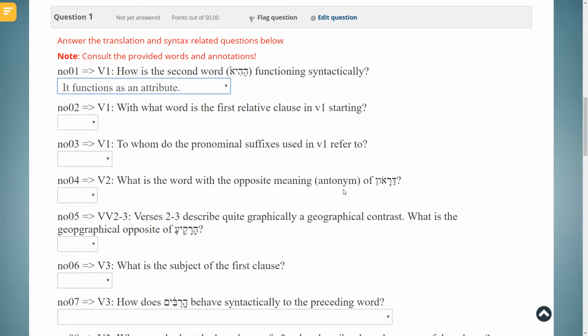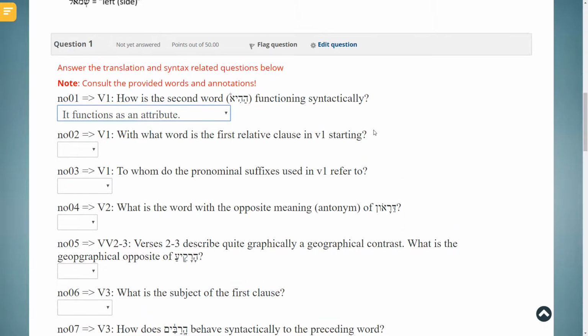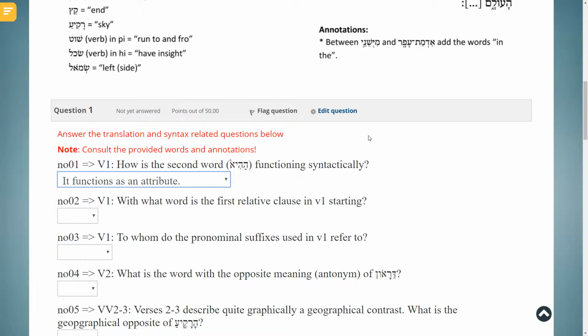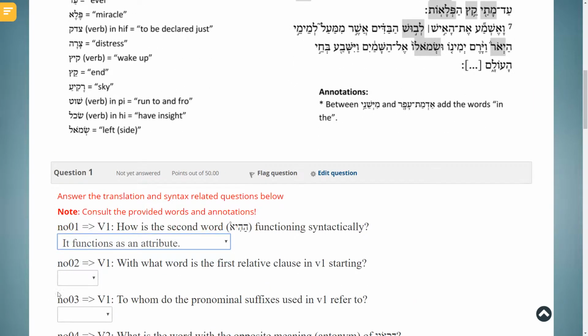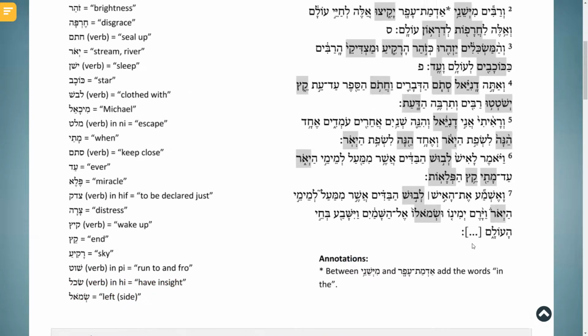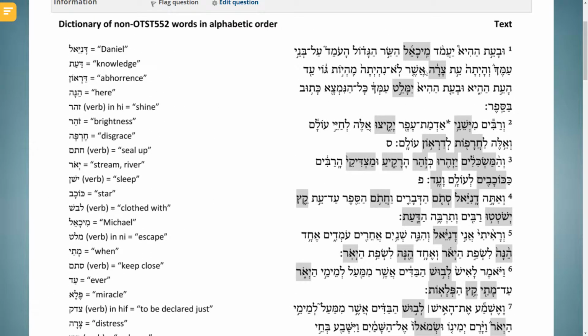With what word is the first relative clause in verse 1 starting? So again, you need to identify clause openers for both dependent as well as independent clauses. You have these 4 options, and the word is asher.